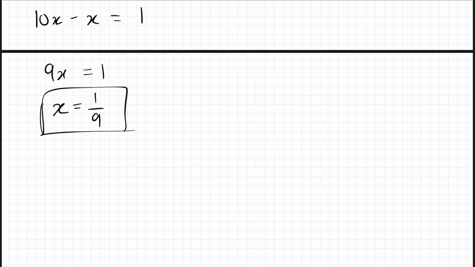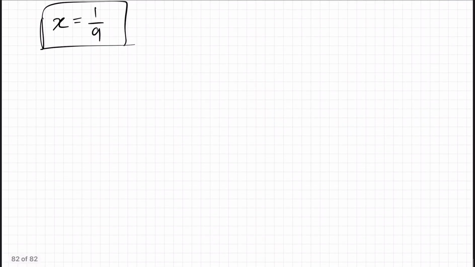So now I'm going to show you guys another example. We'll do one more example with one recurrent digit, and then I'll show you an example with two recurrent digits. So let's start again. This time let's do 0.4 recurrent.